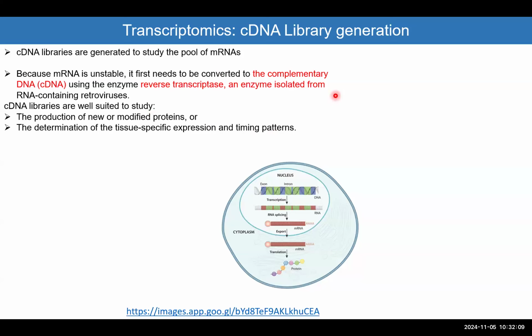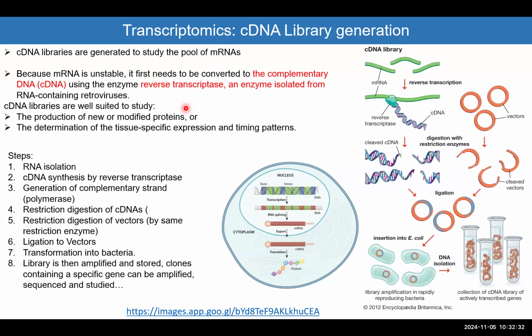And these reverse transcriptases will read the message on the messenger RNA and will revert it back to DNA. And it's a very good method that is widely used to study the messenger RNA and to clone a new messenger RNA that has not been studied before.